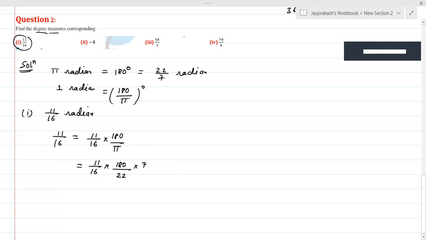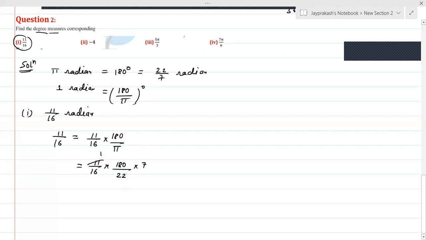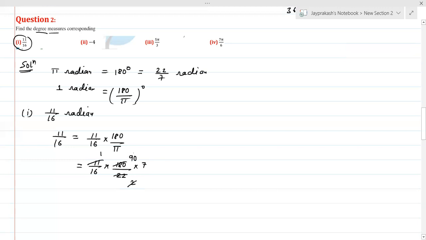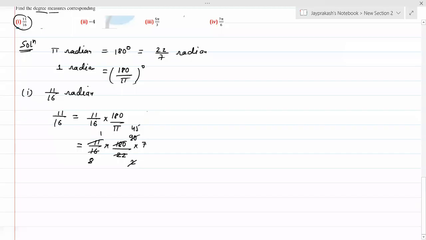Now cancel it. 11 once is 11, 11 twice is 22, 2 into 90. So 90 and 7, and this is also divisible by 2. So 2 into 45. So it's 45. 2 eights are 16.